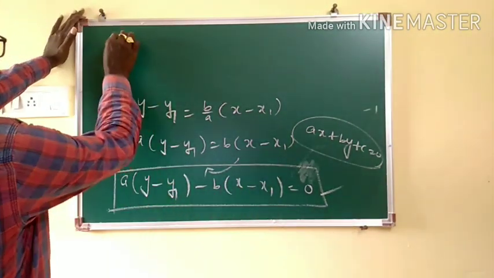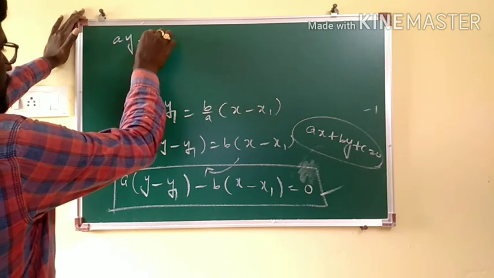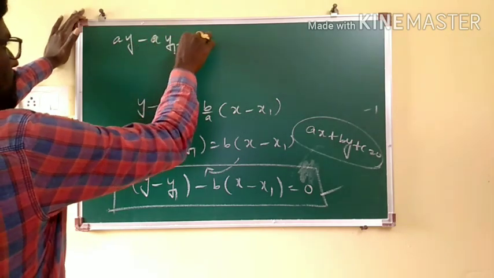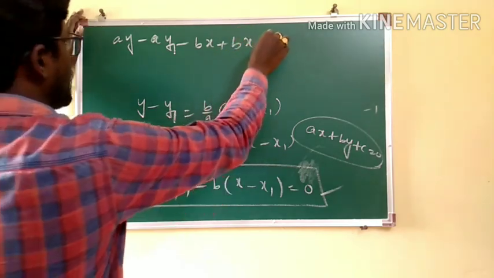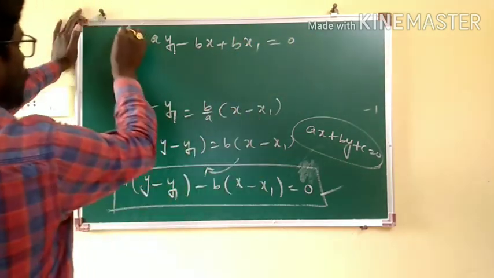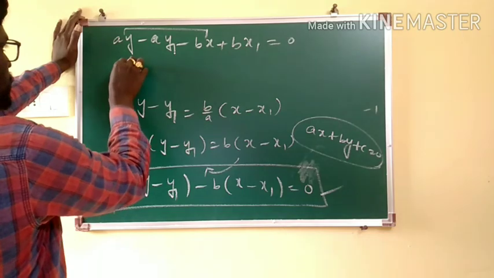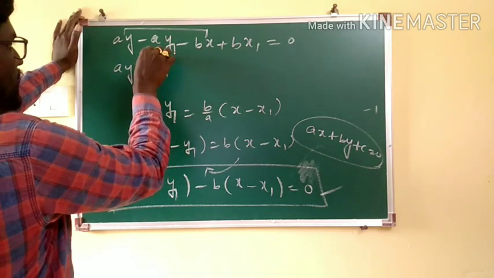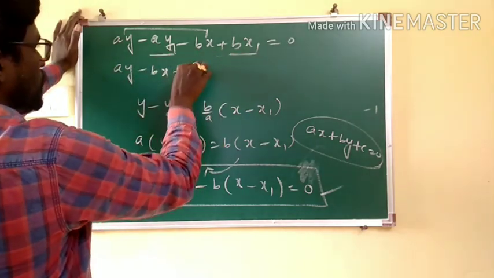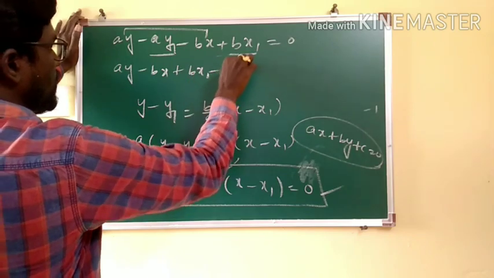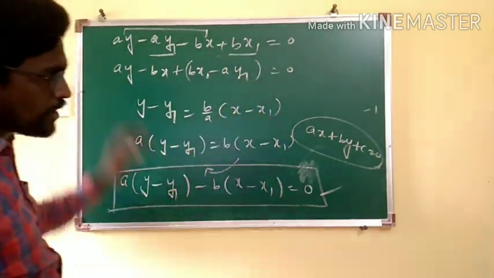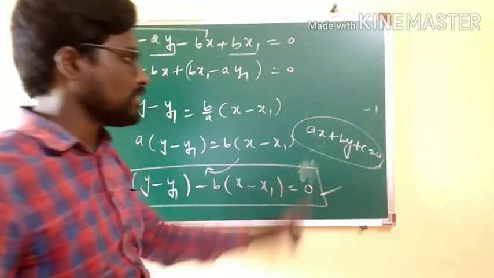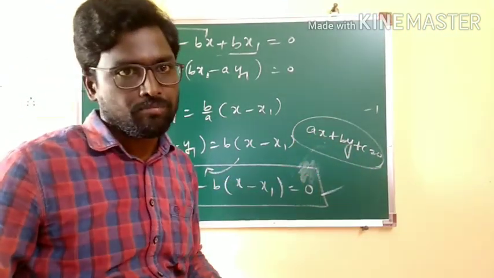On multiplying this, what shall we get? ay minus ay1 minus bx plus bx1 is equal to 0. I am regrouping these two terms: ay minus bx, and this term is going to be bx1 minus ay1, is equal to 0. Now just notice properly, the given line is ax plus by plus c equal to 0.